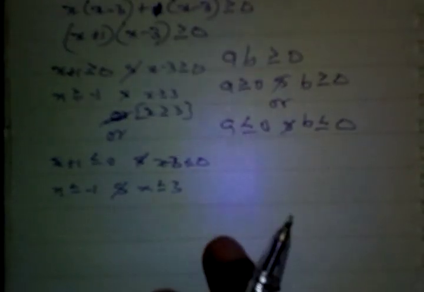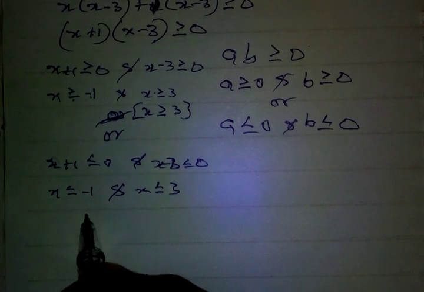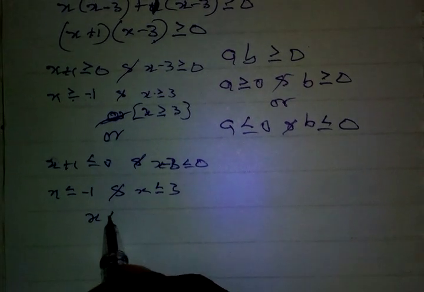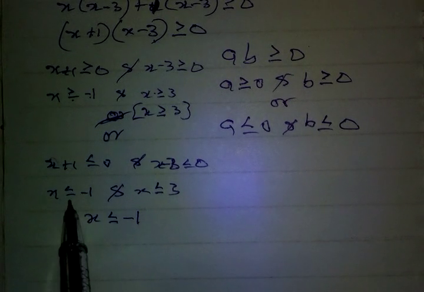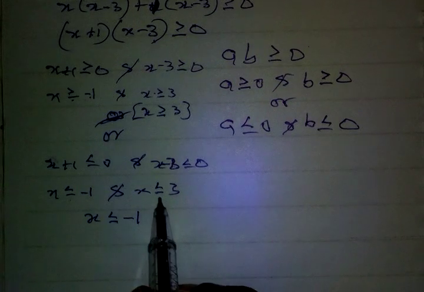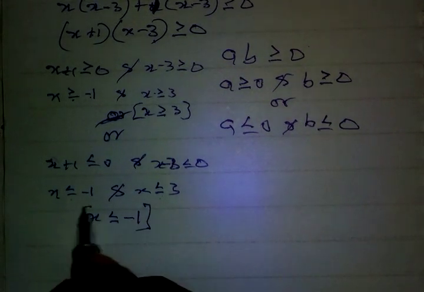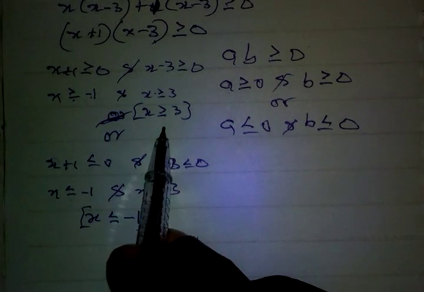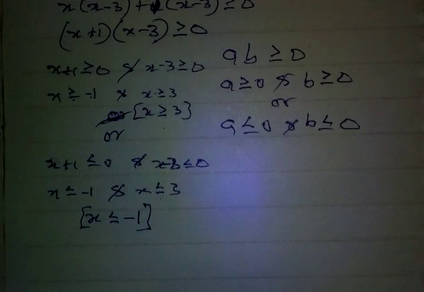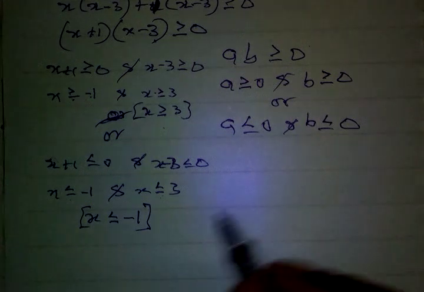Okay, in which case we can just represent both inequalities as a single statement by just saying x is less or equal to negative 1, since that also implies that x must be less or equal to 3. Okay, so this is the single statement for these two inequalities, and this also is a single statement for these other two inequalities. So we can represent this on a number line as follows.